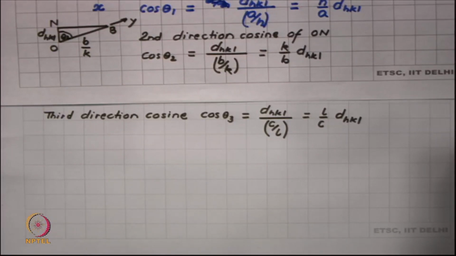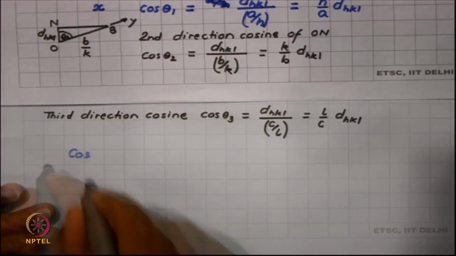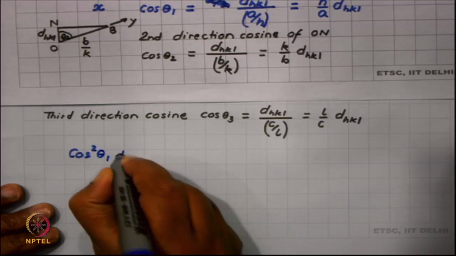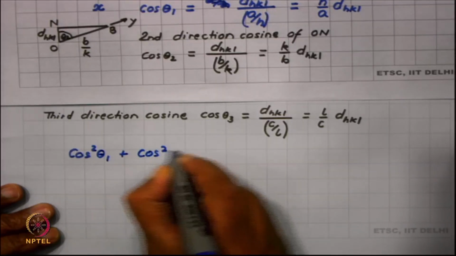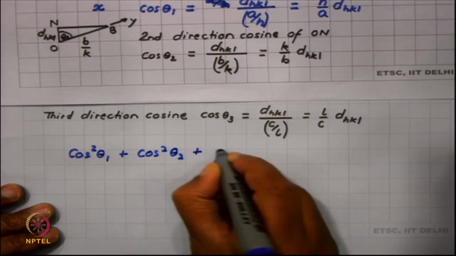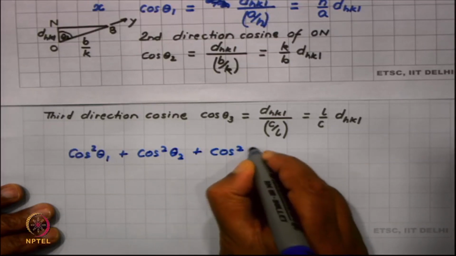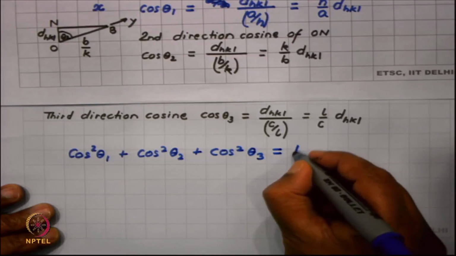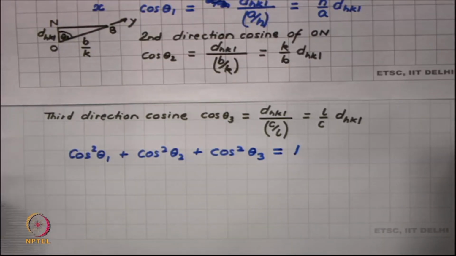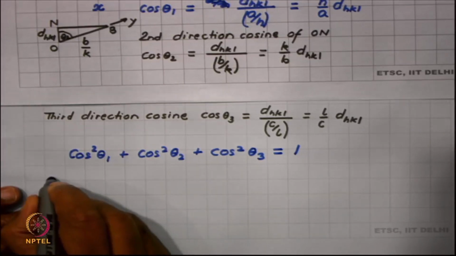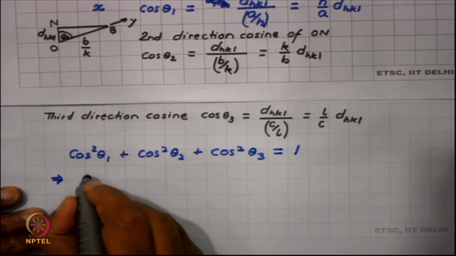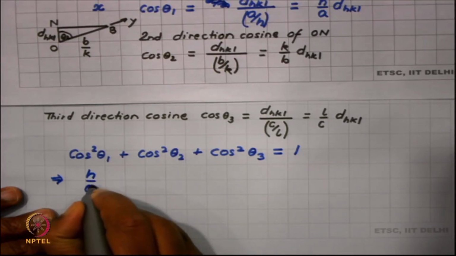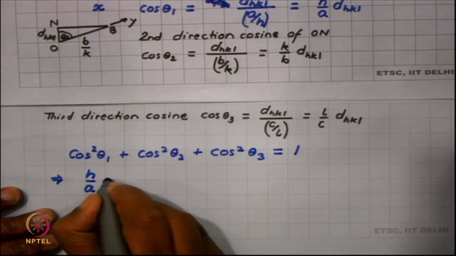The direction cosines have the property that the sum of the squares of the direction cosines, cos squared theta 1 plus cos squared theta 2 plus cos squared theta 3, is equal to 1. This is the property of direction cosines. So, we use this property. We have already seen that cos theta 1 was h by a times d_hkl.